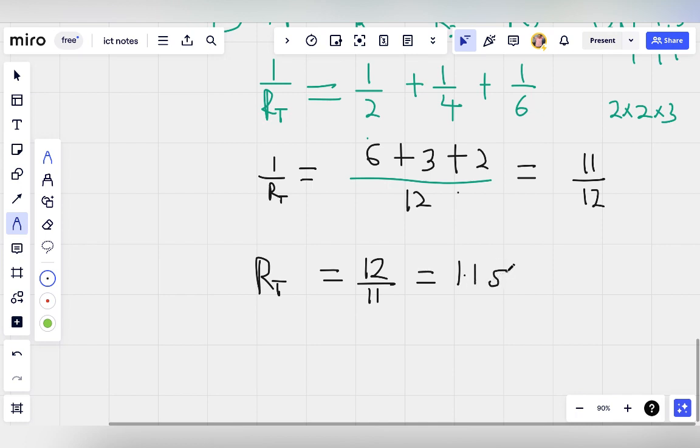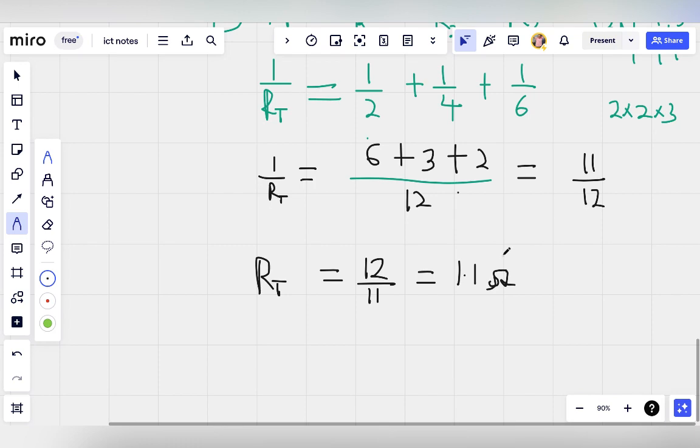Okay, 12 divided by 11, you get what? Calculator.